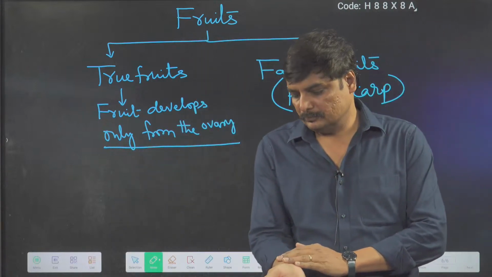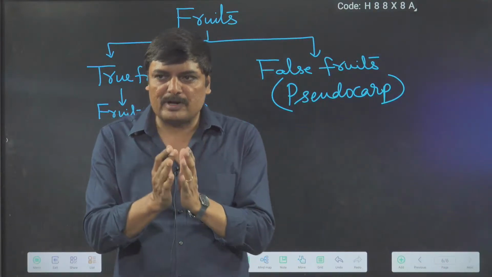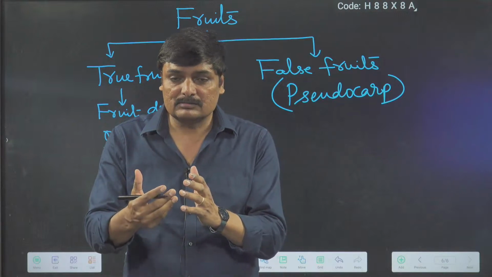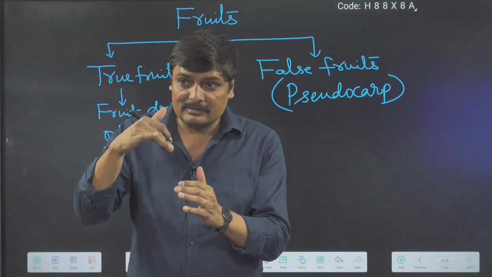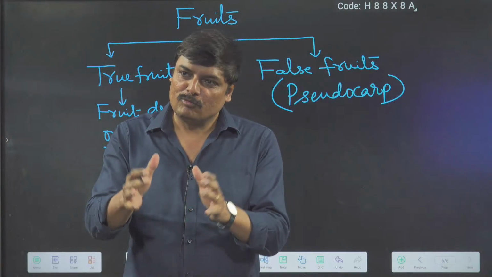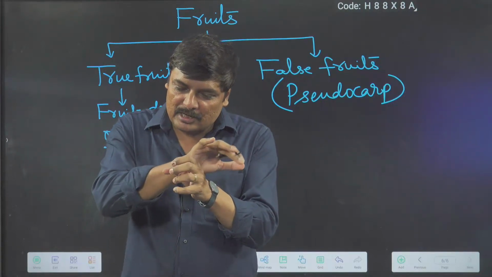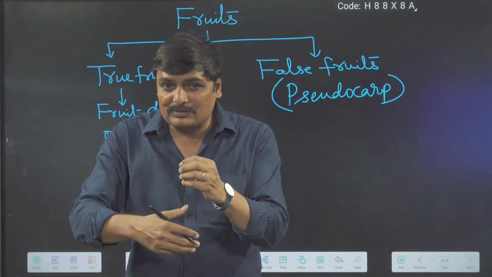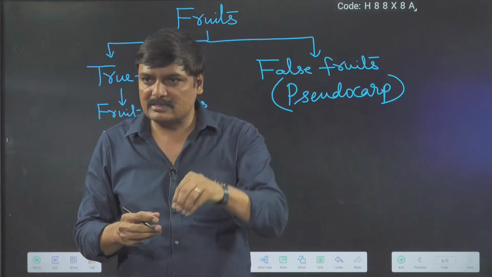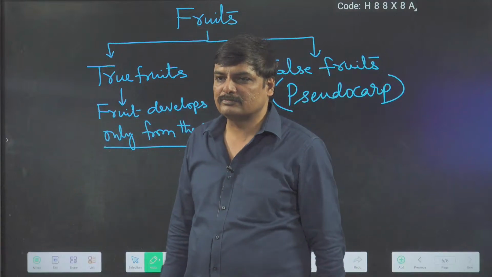I repeat, the fruit which develops from any part of the flower other than ovary. Ovary is also there. Along with ovary, if fruit is also developed from other parts of the flower, such as thalamus, calyx, etc., it is known as false fruit.